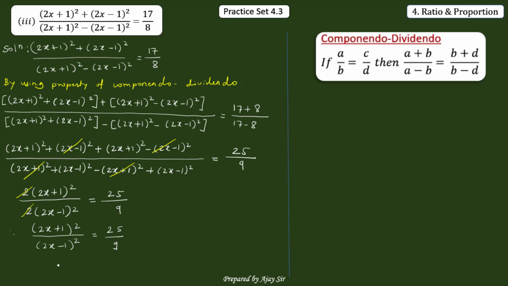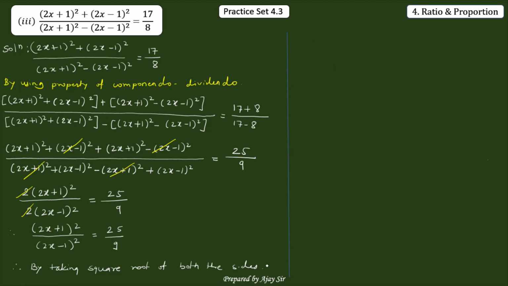So by taking the square root of both sides, the square root of the left hand side and the square root of the right hand side, the squares get cancelled.